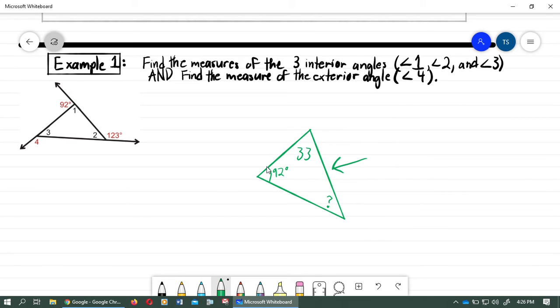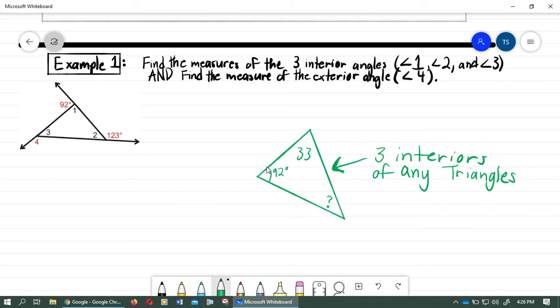What I'm reminding you of is what we talked about in our most recent lesson, the triangle angle sum theorem, talking about the 3 interior angles in a triangle and how the 3 interior angles of any triangle add to 180 degrees. That's what we talked about in our most recent lesson and most recent video.